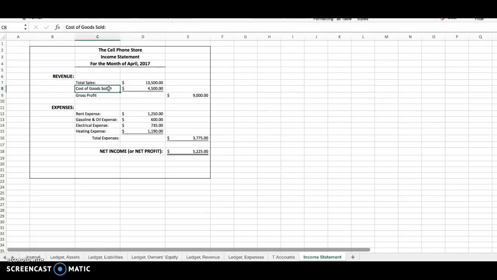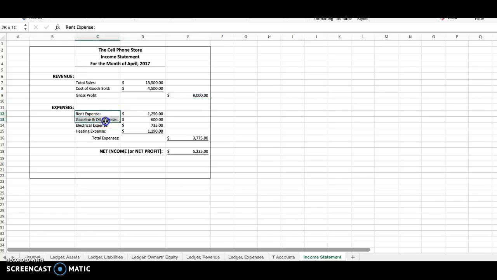The cost of goods sold is subtracted. It's a $4,500 deduction, which means your gross profit now will be shown as $9,000. So when the owner looks at this, he or she has a better indication of how we're doing, what we sold, and how much those goods cost us that we sold, leaving us with a gross profit of $9,000.